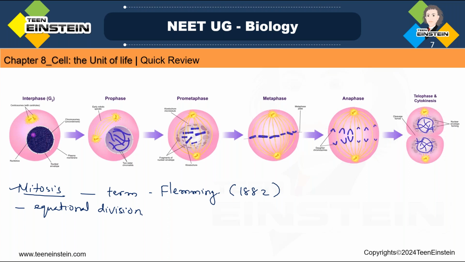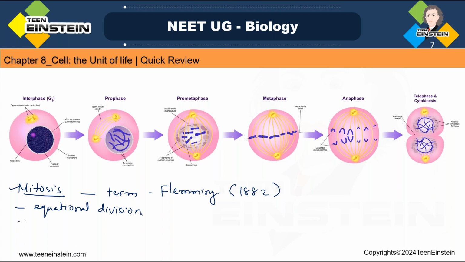You can see everything is happening in an equal way, right? So it is equational division, and the parent cell gets divided and forms two identical daughter cells with identical genetic complement.